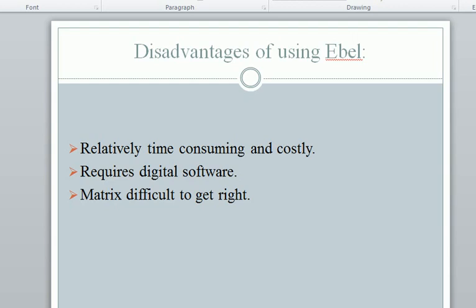As compared to other methods, it is more time consuming and costly because each item is judged or analyzed on the basis of two criteria instead of one.